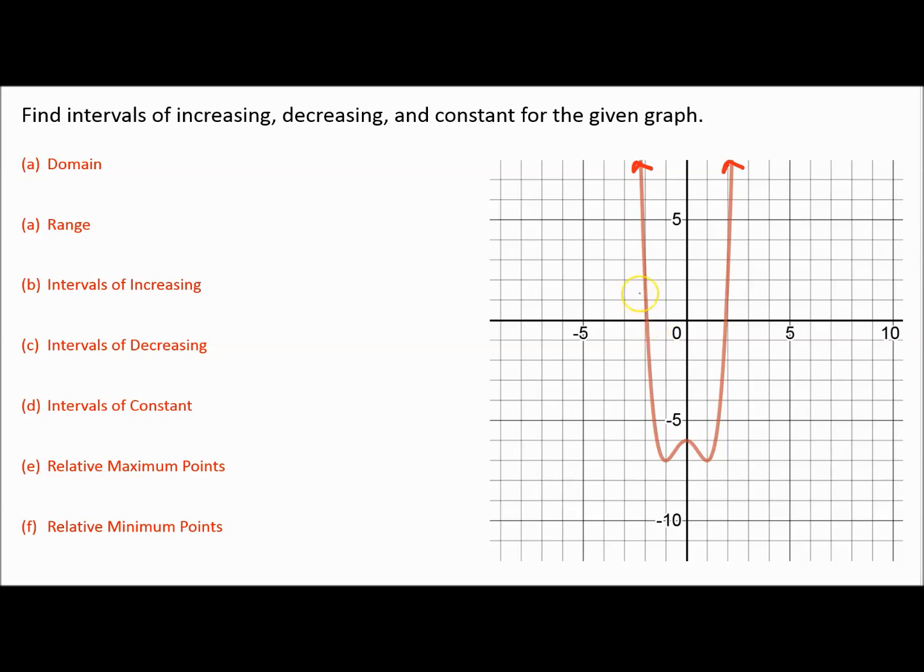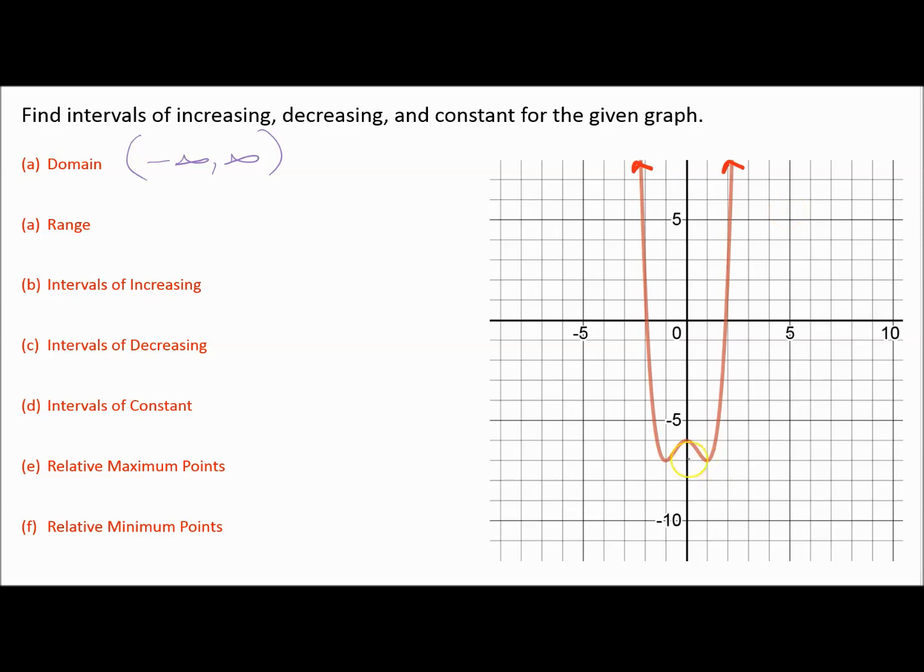I know it looks like it goes up faster than it goes to the left, and it does, but it still goes to the left forever in this direction, and then also up and to the right forever in the positive x direction. So the domain, even though it looks a little odd, is -infinity to infinity. Every x value is covered in this graph because this goes up and to the left forever and up and to the right forever.